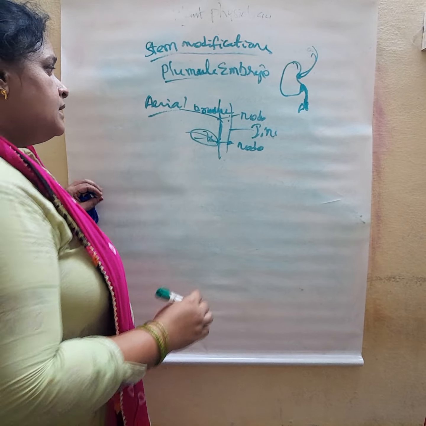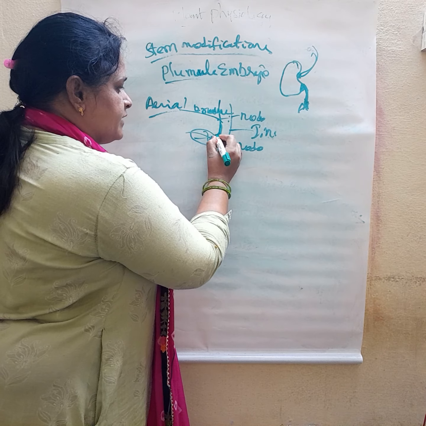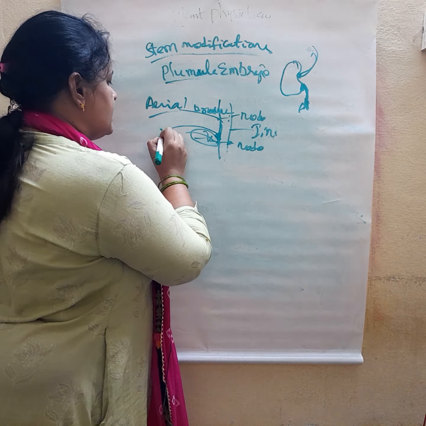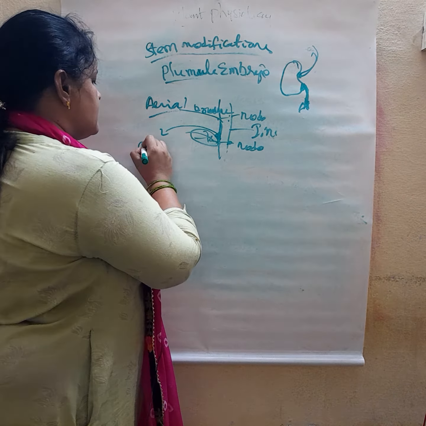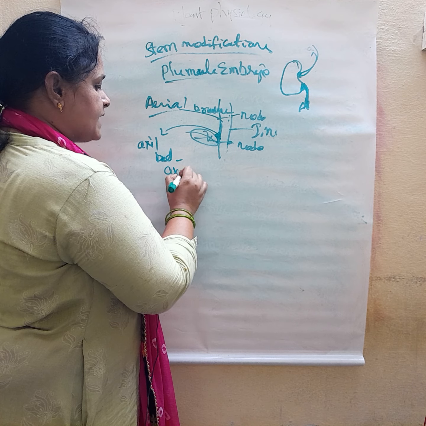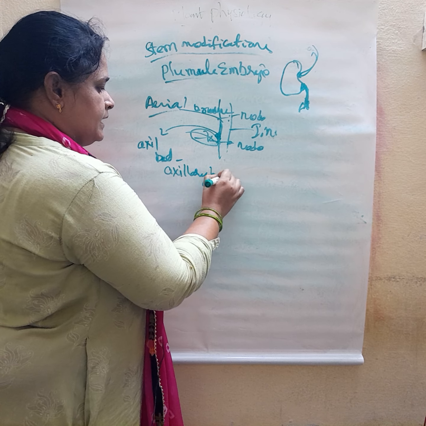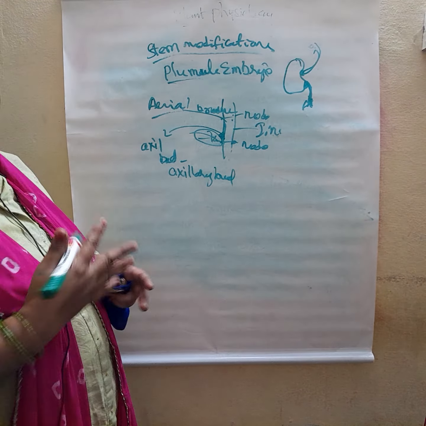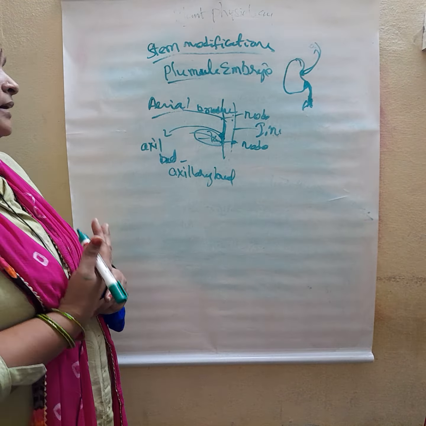Here the angle between the node and the leaf is called the axil. Here a bud arises, a growing bud called the axillary bud. The tip of the stem has one more bud called the terminal bud or apical bud. Axillary bud means the bud in the angle between leaf and stem.